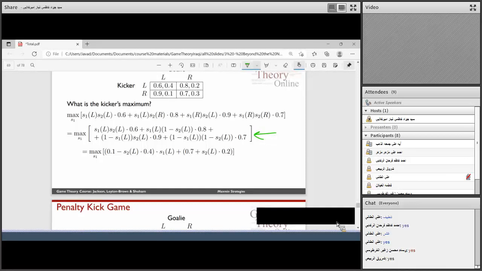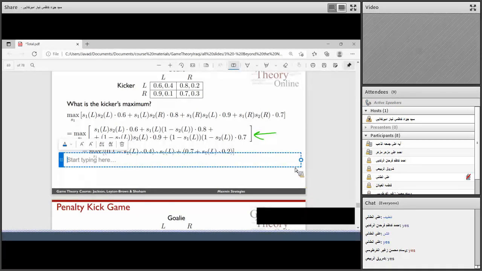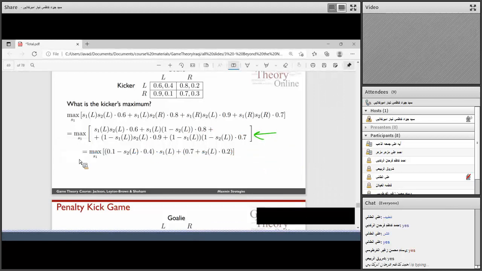Let me type it. So we got S1 of L times, big parentheses, 0.6 S2 of L, and then let's have a bracket. And then what else? There's more.